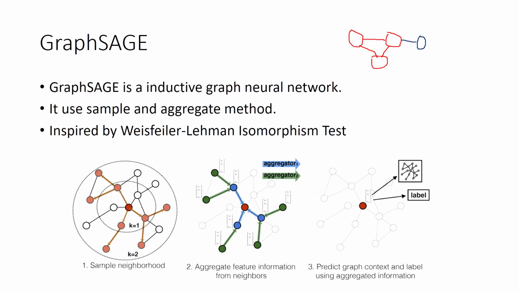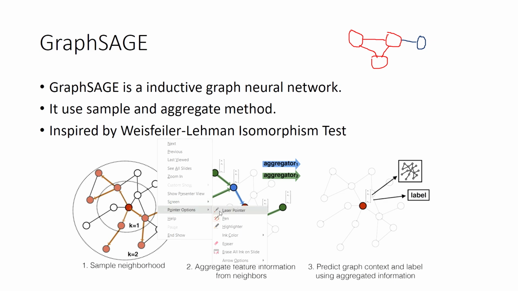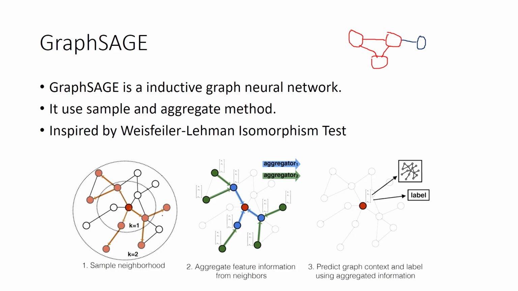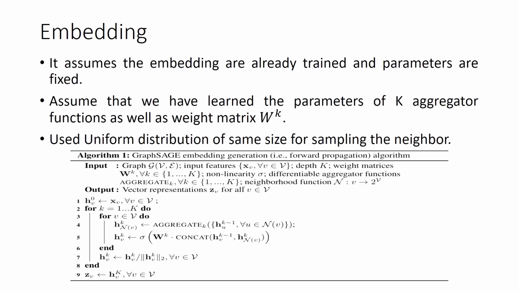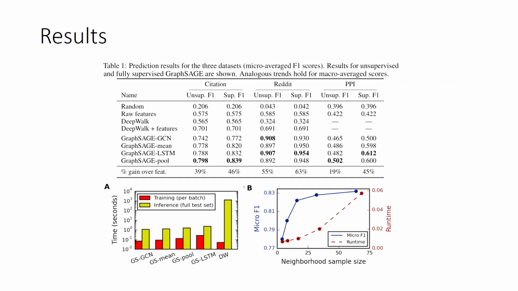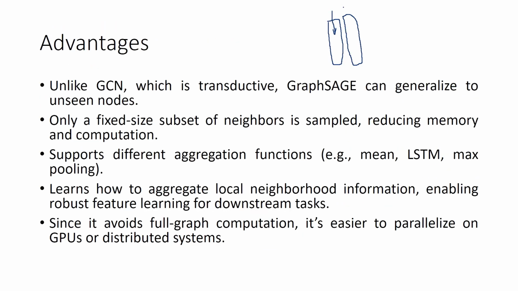Let's say we change the color and again take this node and this node as a sample. So these three nodes will be fed into this other thread, so the threads can run in parallel.